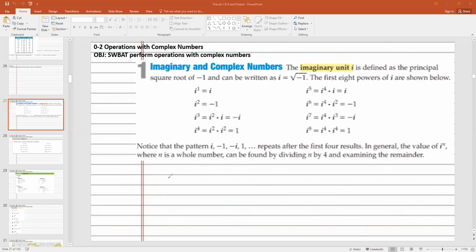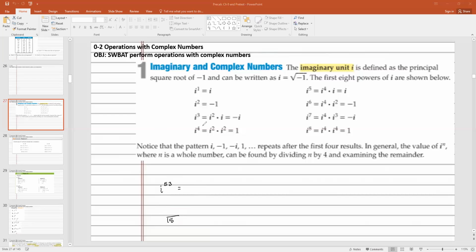So to find out what it's going to be, let's say it was i to the 53rd power, you want to divide 53 by 4.